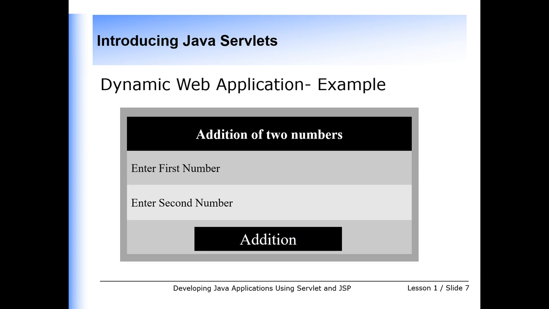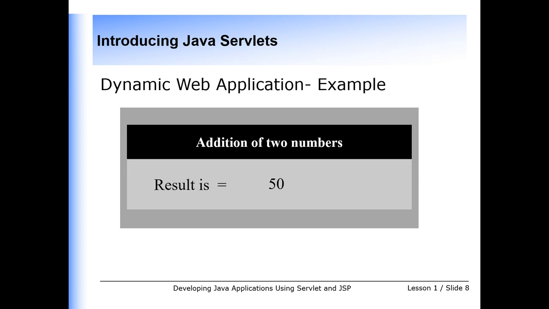For example, consider a web application that shows you two input fields and an addition button. When you enter two numbers and click on the addition button, say the first number is 20 and the second number is 30, it shows you another web page that has the result of the addition of the two numbers.